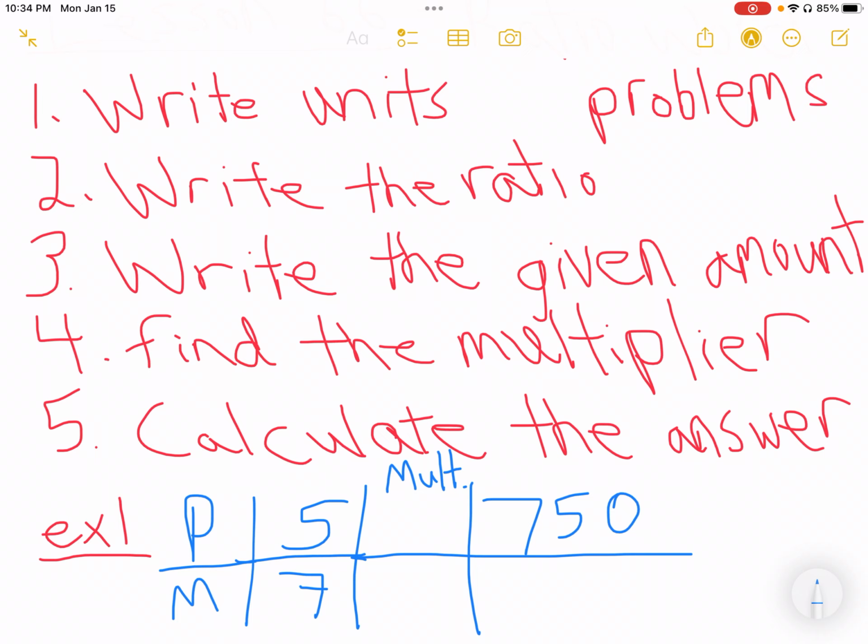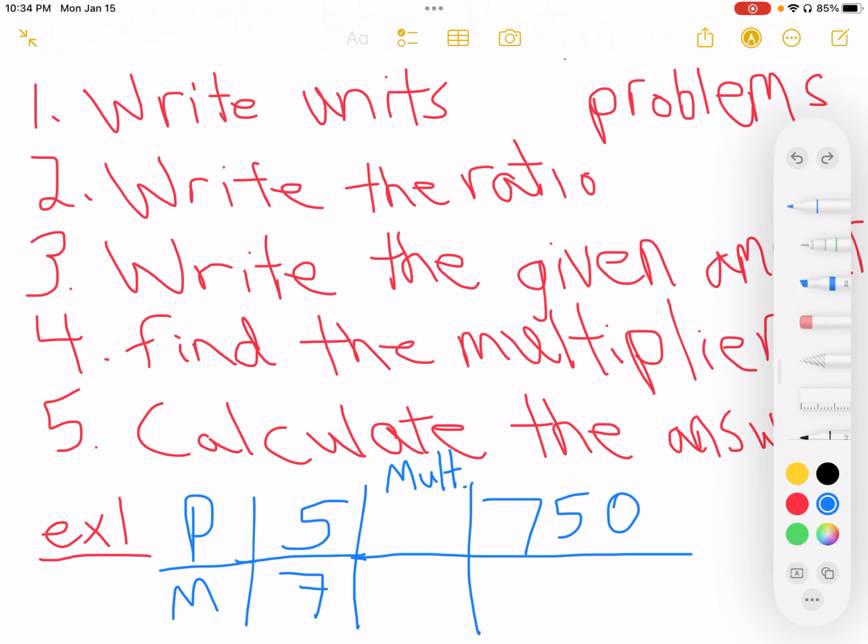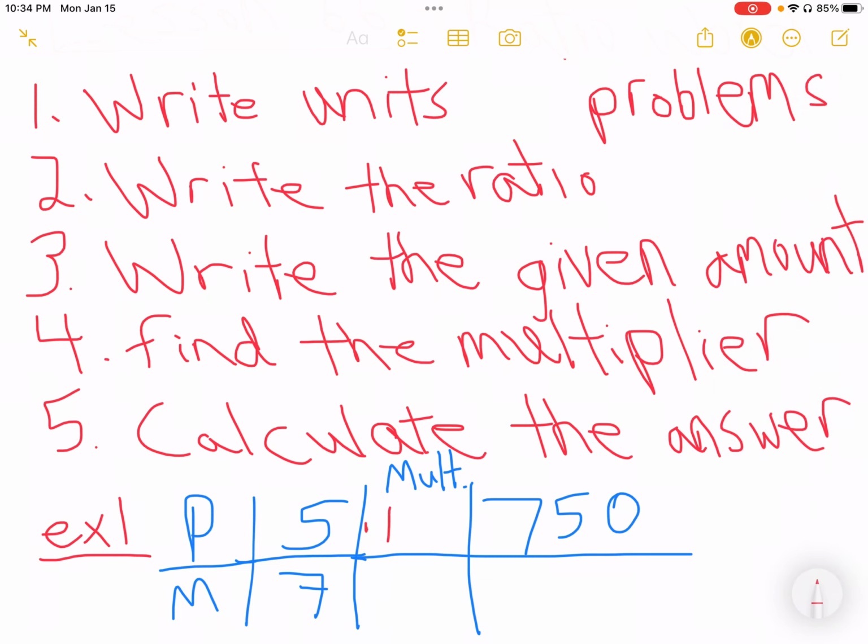And then this value that's going to be in both of these boxes is going to be exactly the same. So you can do 750 divided by 5, and you'd find you have to multiply by 150 in order to get there. If I want the same ratio, this has to be multiplied by 150 as well.